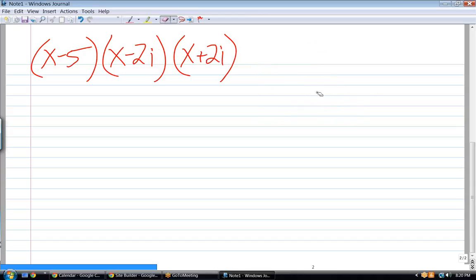Multiply your imaginary ones together first. What do you get when you multiply those two together? Notice it's the difference of squares.